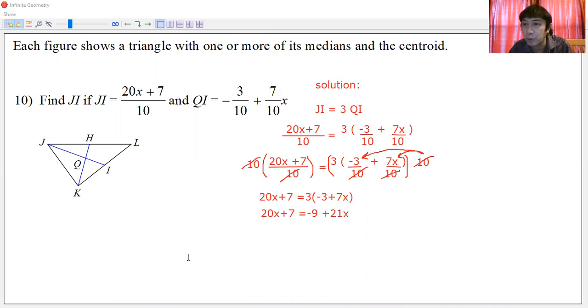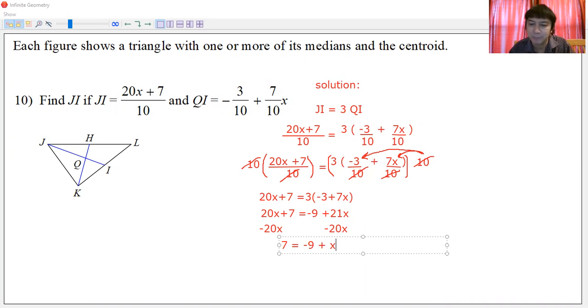We're now going to subtract the smaller x term, 20x, from both sides. So the left side will just become 7, and the right side is negative 9 plus x.